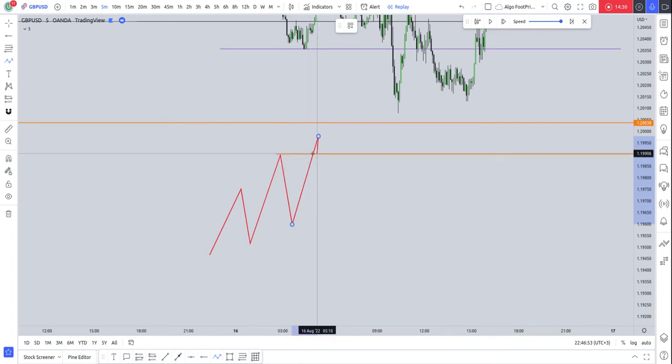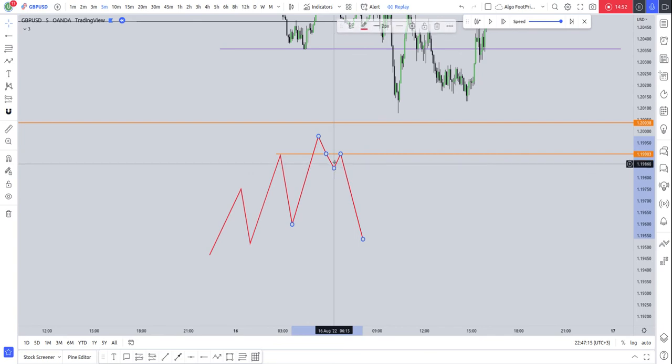That means price could come, bounce off this and continue going up, or it will come back in this range, then retest this, okay, and then continue going down.